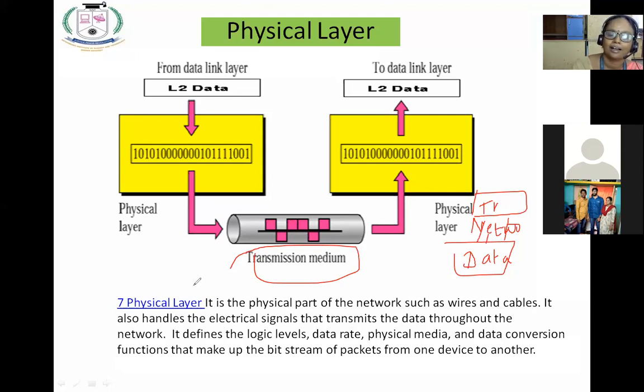The transmission medium connects these two layers, and where my communication is, it mainly handles the electrical signal, how it has a higher value, the values of ones and zeros. It depends purely on the communication purpose. How the data is transported through the transmission medium is what we have seen in the physical layer.